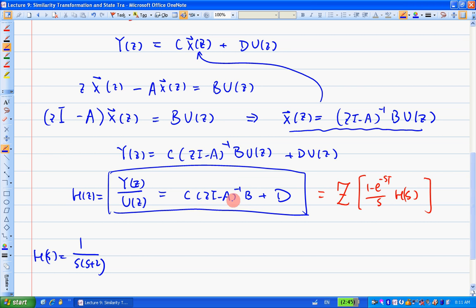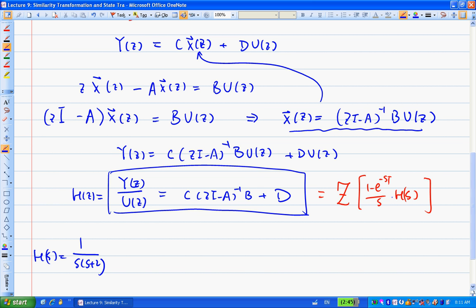This is all matrix algebra, linear algebra, multiplications, inverse, so nothing new here. You can simply substitute A, B, C, D here and derive Y of z over U of z. You can do a comparison if you do a z transform for a zero order hold equivalent, and these two results should be the same. So take a look at that part of the lecture notes as a little exercise.